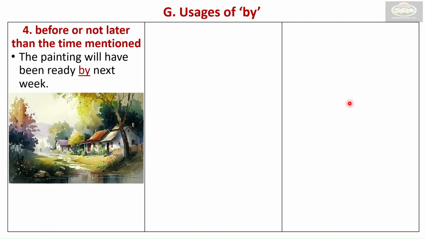Next use, before or not later than the time mentioned. Example, the painting will have been ready by next week. It is not ready now, but by next week means within next week, before next week, it will have been ready. In this way, in future perfect tense, we use by.